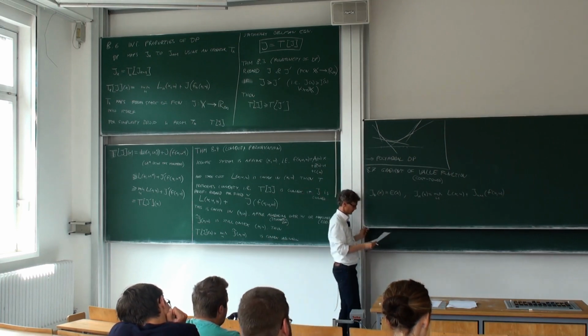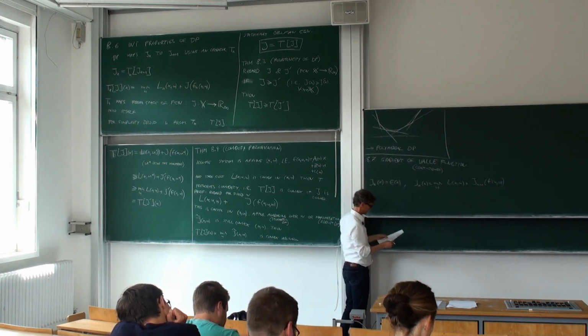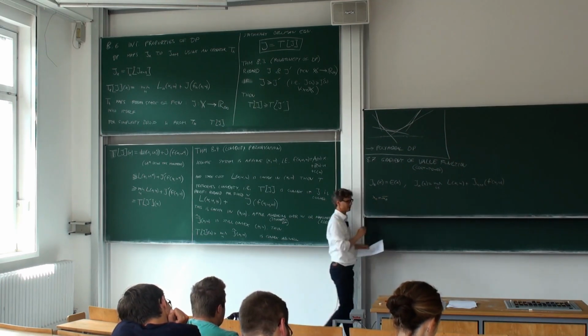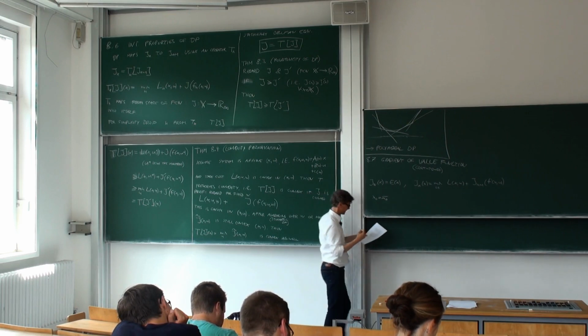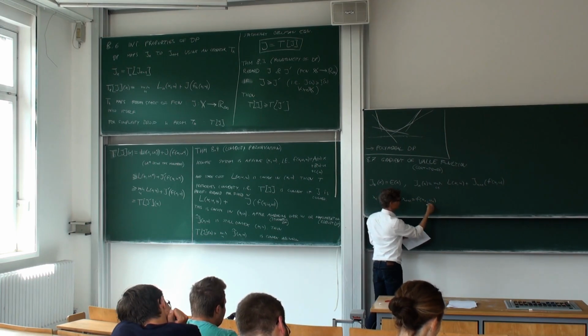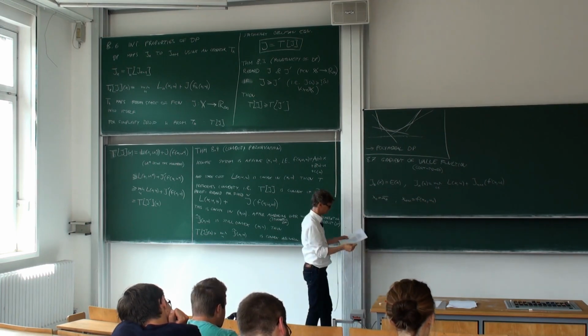And now I could look at what happens at the optimal trajectory. So at the optimal trajectory, I have x_0 given by the initial value, and then x_{k+1} is given by x_k and u_k. But the u_k is, of course, the optimal one.